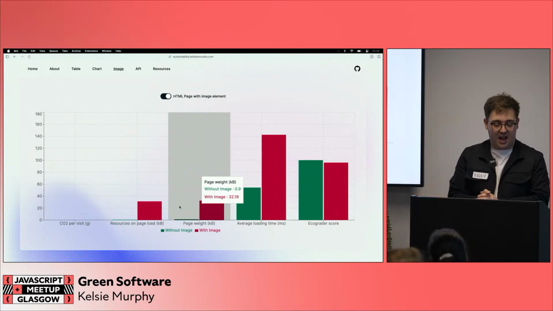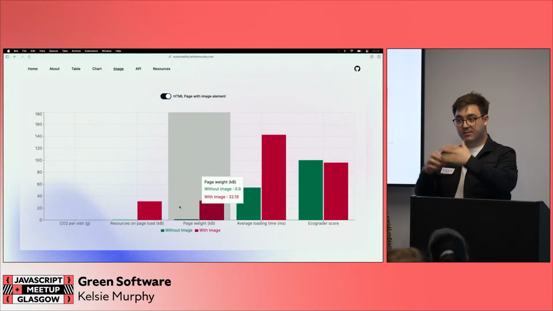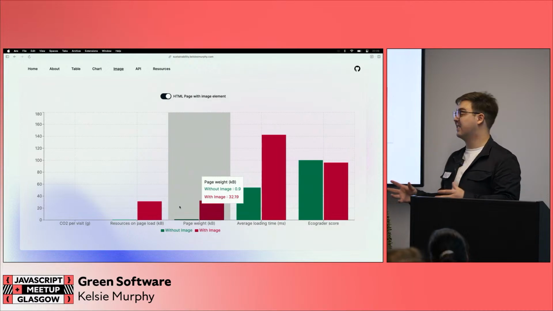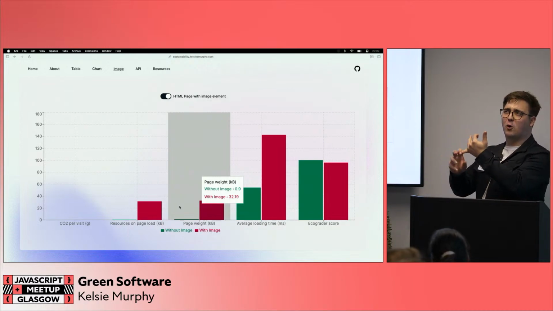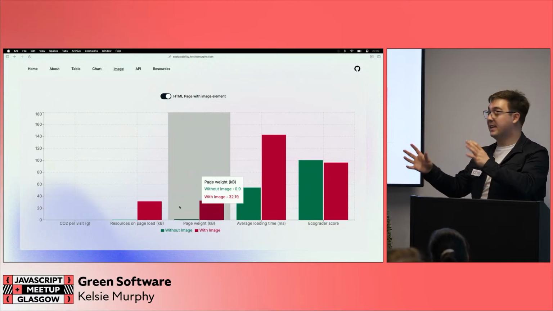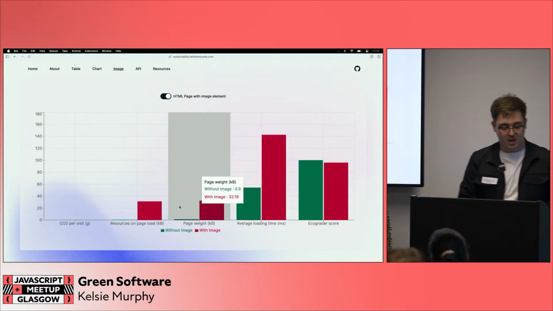There's other things like that. If you load a custom font, that can totally change it. Images, videos, all those different things can have massive performance gains, performance deficits, SEO deficits, but also it will affect your sustainability rating as well.